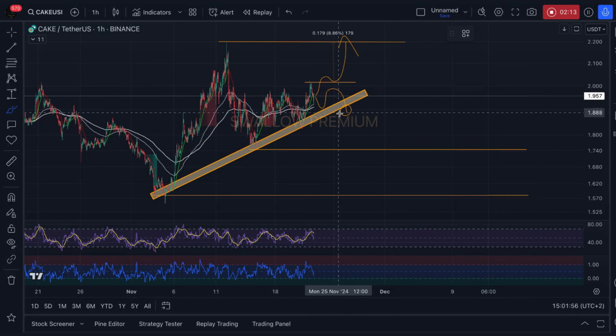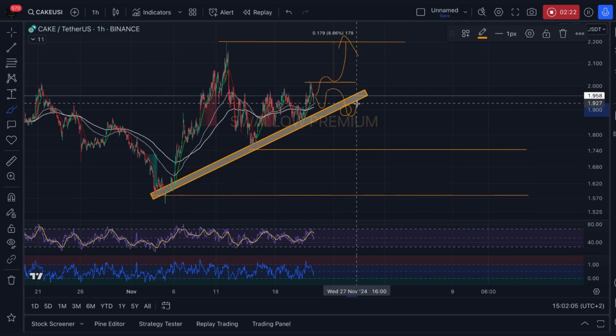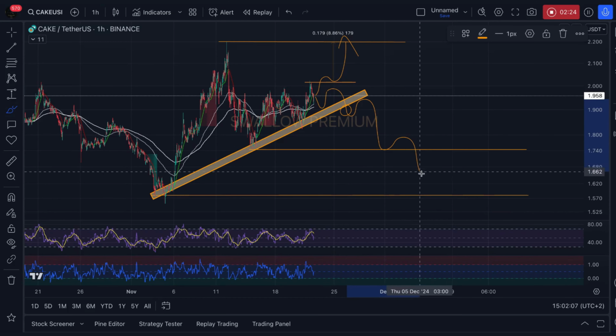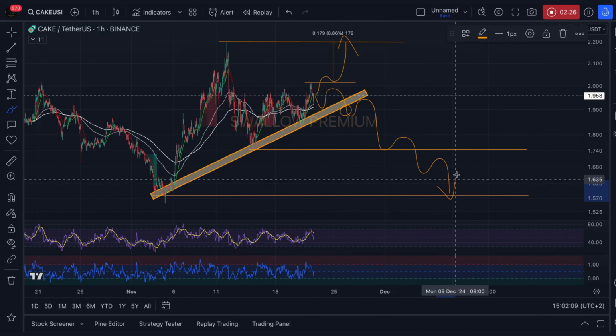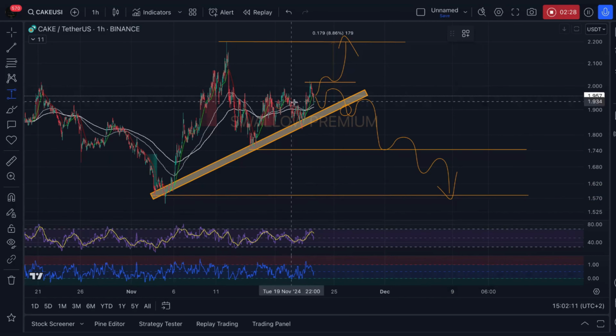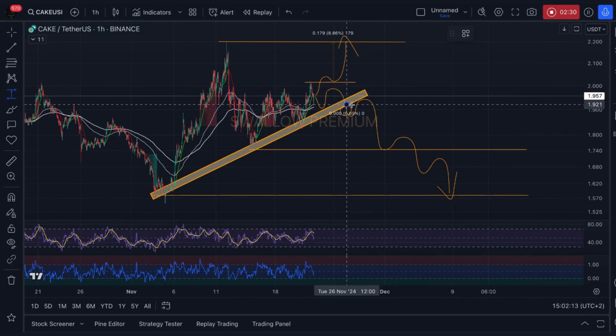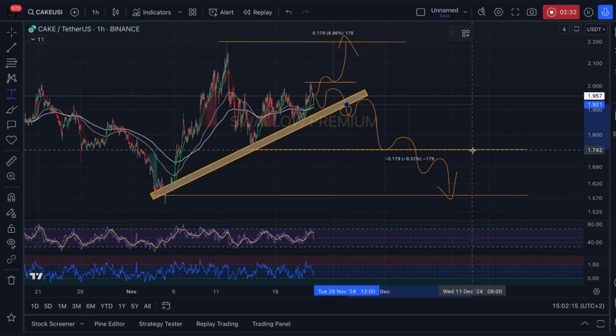So once we see a break of this pretty sharp trend, price will be secured, so retest and price secures, and a nice movement to the lower zones can happen here, which would be, let's see percentage-wise, the first target is like 9%, the second one is going to be 17%.